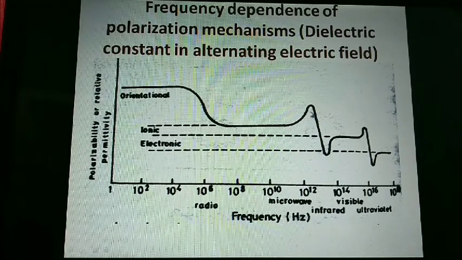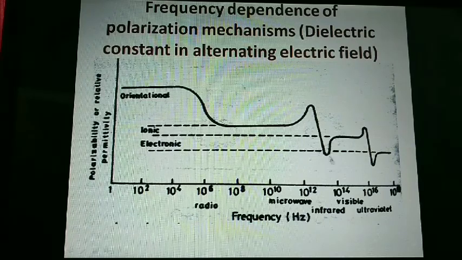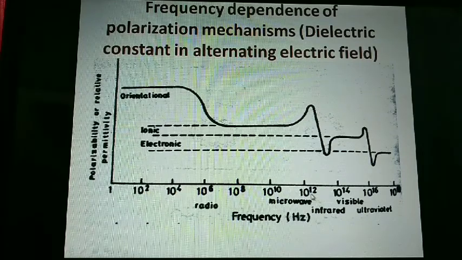When the frequency exceeds 10 power 12 Hz, even the ionic polarization mechanism will stop, and only electronic polarization will continue in the higher frequency range. Let us say about 10 power 12 Hz and up to 10 power 16 or 17 Hz.